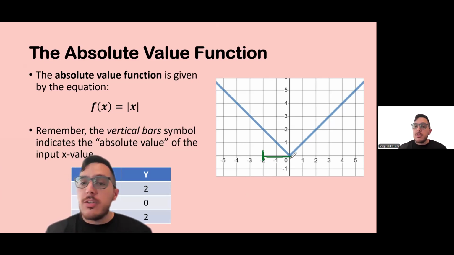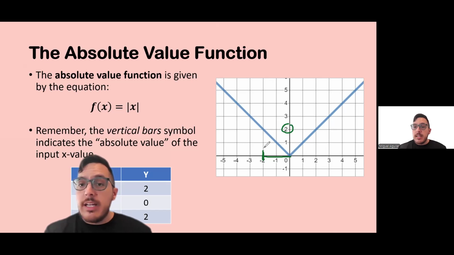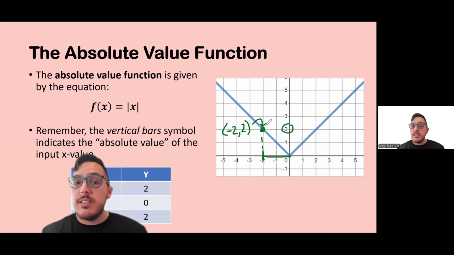So if I'm trying to measure out from 0 all the way to -2, then that has a distance of 2, +2, right? And we can see that our graph represents that point right here, where we have our ordered pair at -2, comma 2. Okay, and that point is right here on our absolute value function.